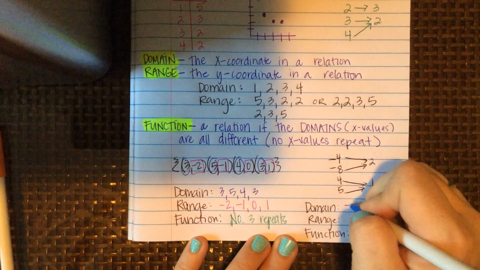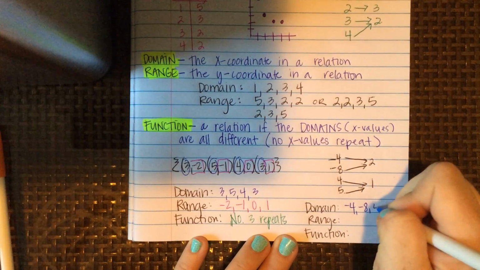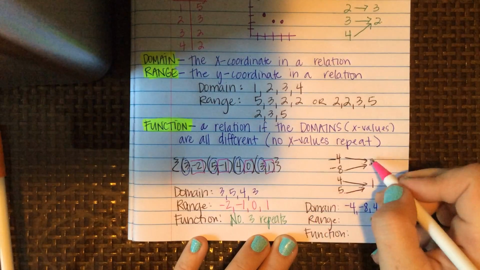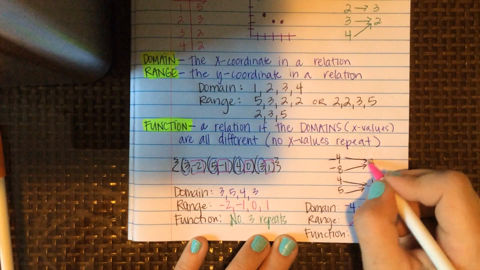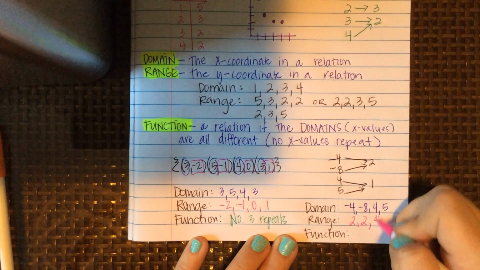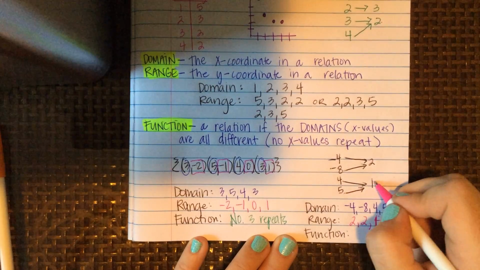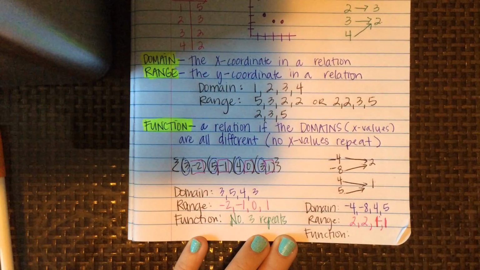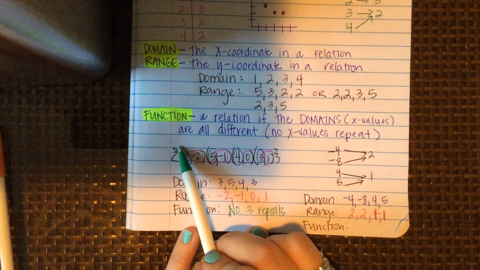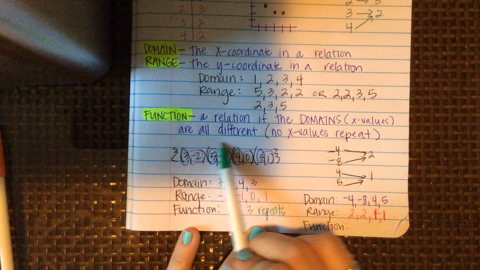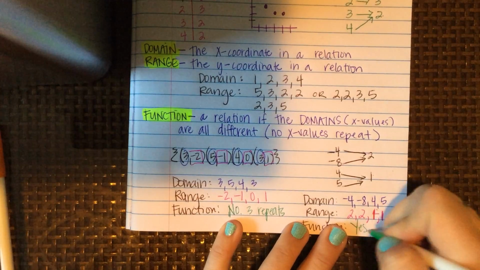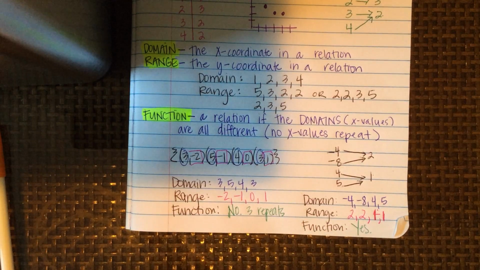The domains are -4, -8, 4, 5. And the ranges are 2, another 2, 1, and another 1. Is this a function? Well, are the domains all different? Yes. The domains are all different.